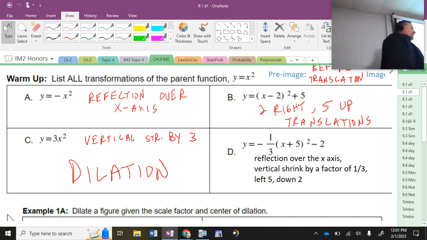That's what we're going to look at today in a much different way, though. And then you got it all on letter D. Not all, but most. Negative on the outside, reflection over the x-axis. 1/3, a vertical shrink, I should say, shrink by a factor of 1/3. 5 left, 2 down. So you've done this before, but now it's going to be a little different.